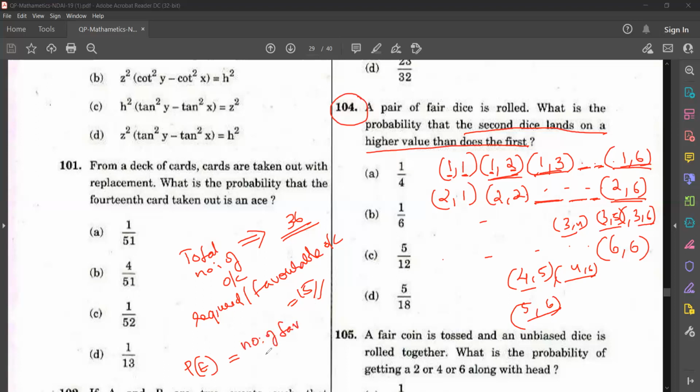Number of favorable outcomes by total number of outcomes. So number of favorable outcomes is 15 by total is 36. So just divide. That is in 3's table 5 by 12. So answer is option C, 5 by 12. That is the correct answer.